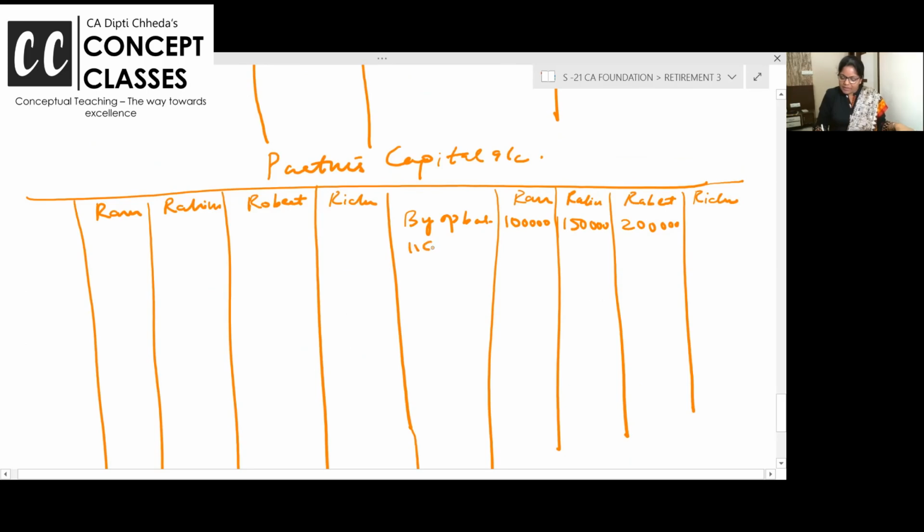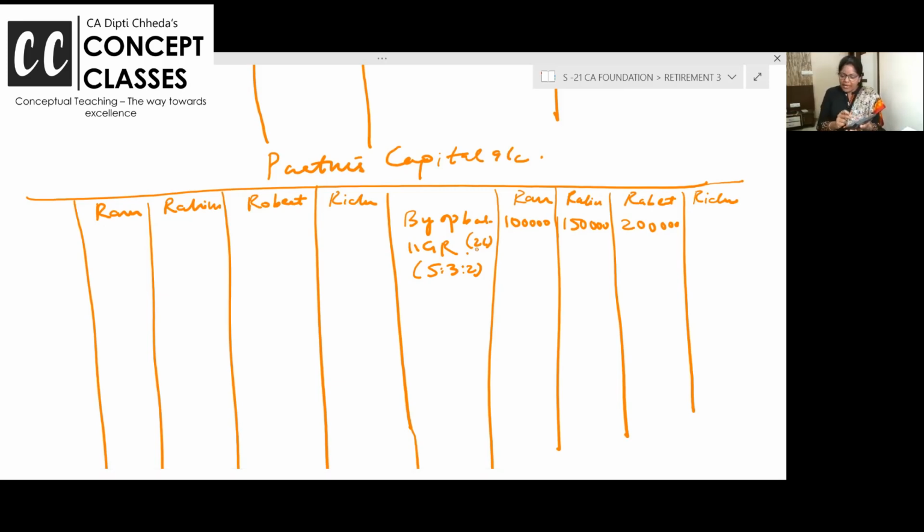Now general reserve 2 lakh. Give it to old partners in the old ratio 5:3:2. And how much is the general reserve? General reserve 2 lakh. Chalo.